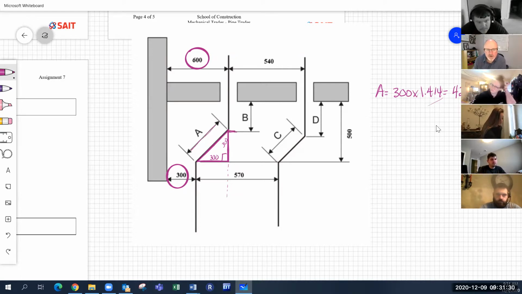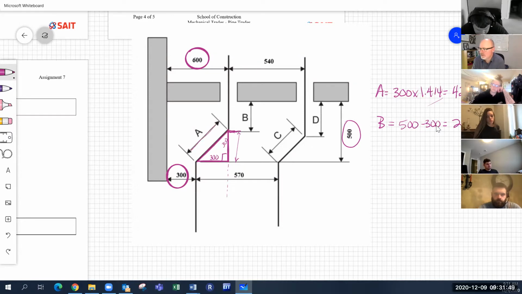So I know that this measurement from here to here is 300. If this is 500 over here, then B is equal to 500 minus 300, which is 200. Does everybody see where B is? If this measurement right here is 500, then I could just minus off 300 to get B.